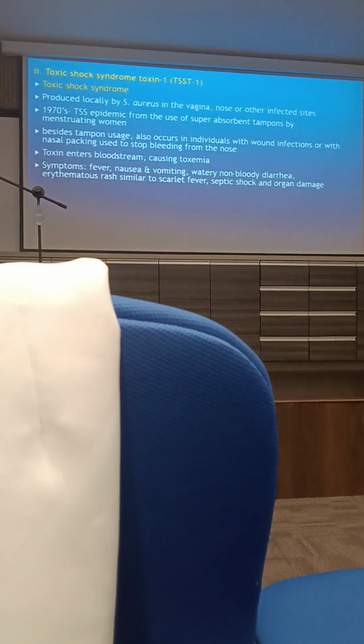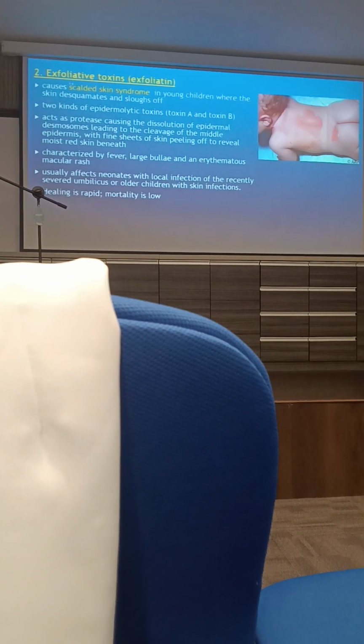The next toxin produced by Staph aureus is the exfoliative toxin that can cause scalded skin syndrome in young children, causing the skin to slough off, but the mortality is low. Okay, this heals.